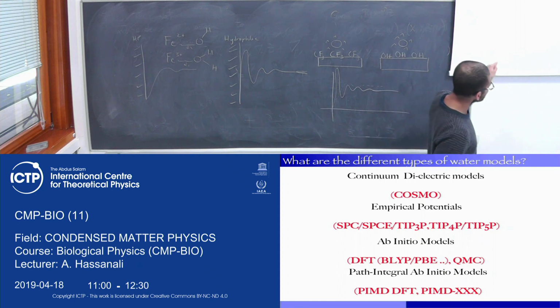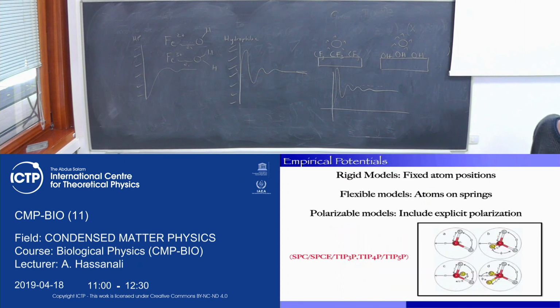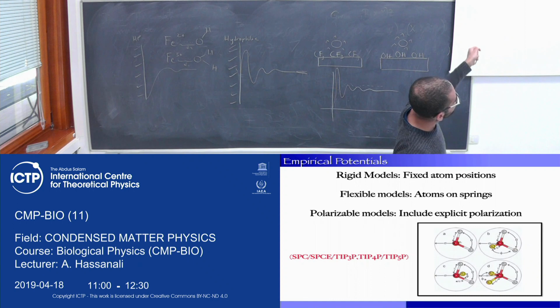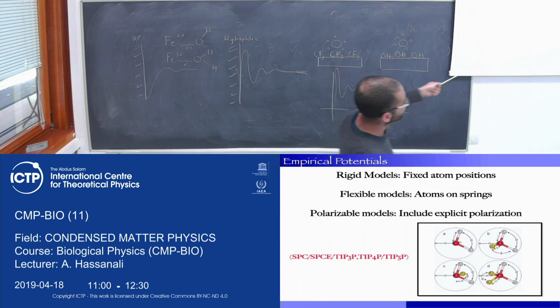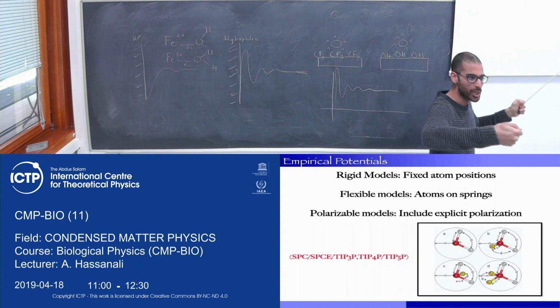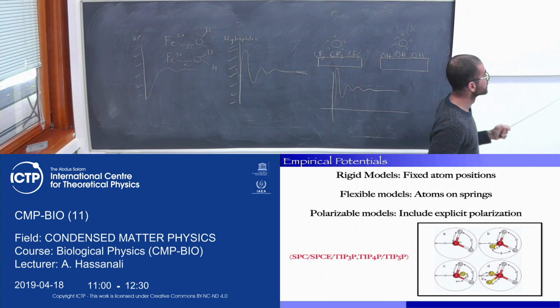Okay, so this is basically a laundry list of all the different types of potentials. Now, we didn't really get into this in the numerical 2 class, but these are molecular mechanics type force fields where you have 3 particles, you have point charges, and you tune the charge and the epsilon and sigma to reproduce experimental quantities.